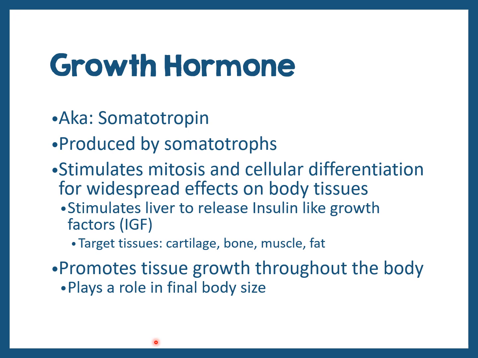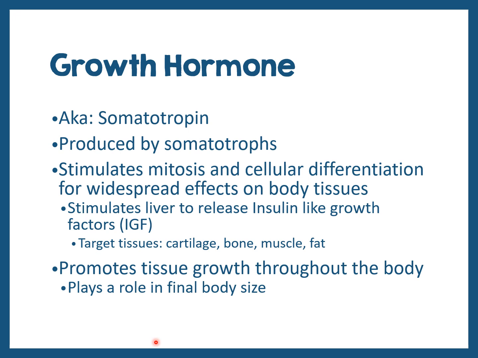It's going to do a lot of promotion of growth of cartilage, bone, fat, and muscle. And it will play a crucial role in the final body size. Because when it is released, what happens is typically the growth hormone will travel to the liver, and it will stimulate the liver to release insulin-like growth factors.